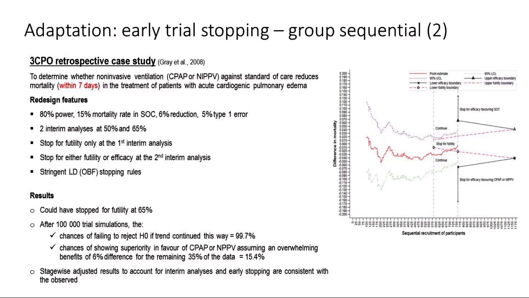The second one was a balance between the benefit of stopping a trial early at different time points, and also the resources that you need to do an interim analysis. Sometimes you don't want to do an interim analysis just for the sake of doing it. If you know that the benefits are tiny, you could do it at 85 or 90%, but then you say, hang on, there was only maybe 10% of patients left to recruit anyway.